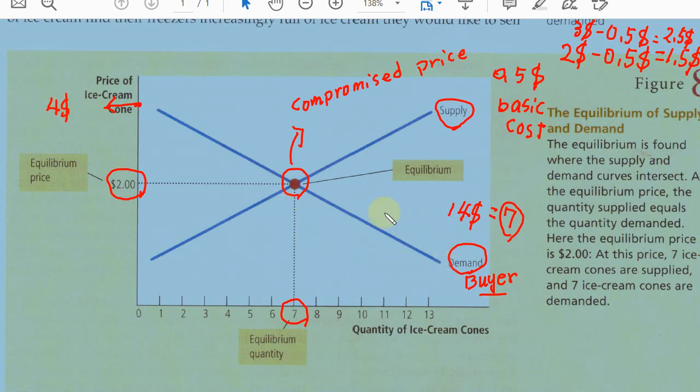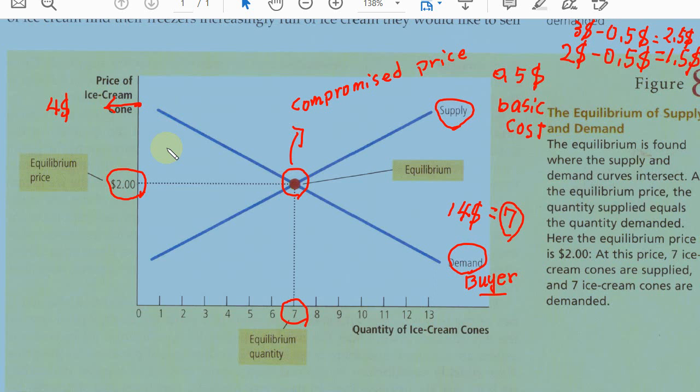Once the price is $2, the buyer can purchase 7 ice creams, but once the price doubles to $4, he can reduce his purchasing.